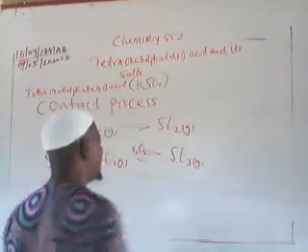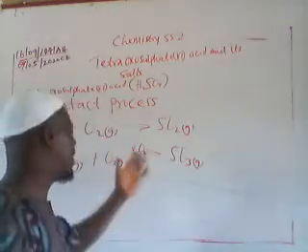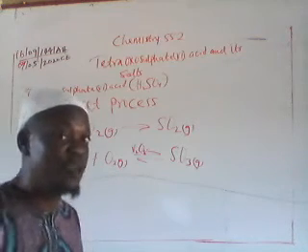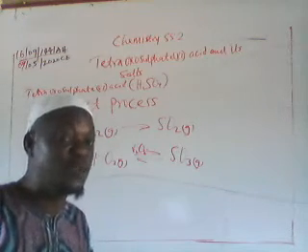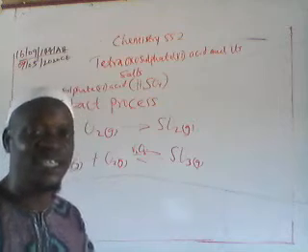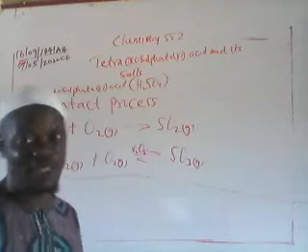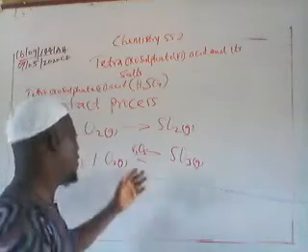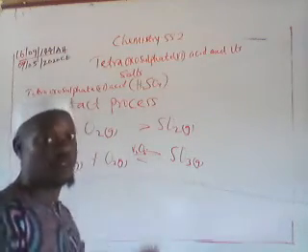I told you, if you remember well, that instead of vanadium(V) oxide, we can use platinum. But vanadium(V) oxide is more commonly used because it is less expensive. Platinum is more expensive, so vanadium(V) oxide is more often used.